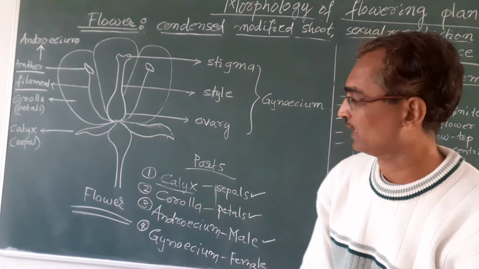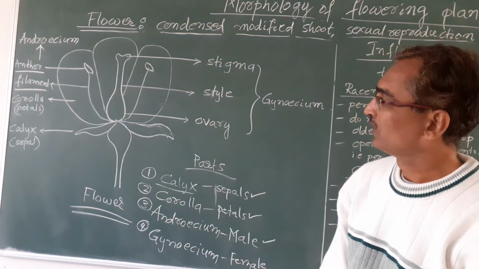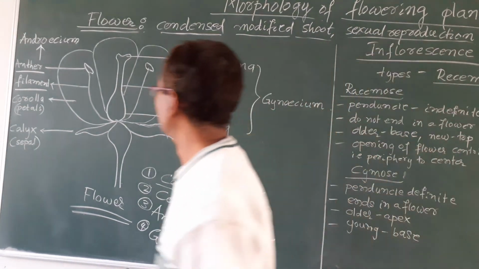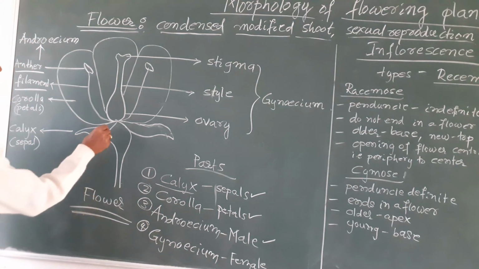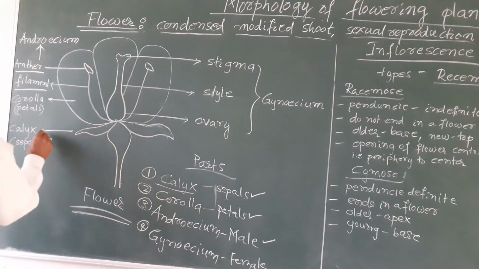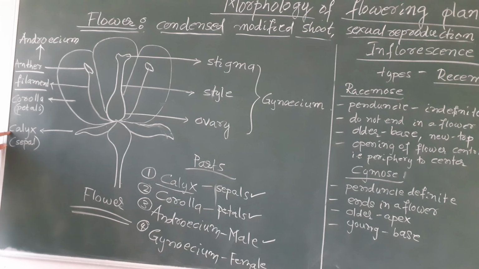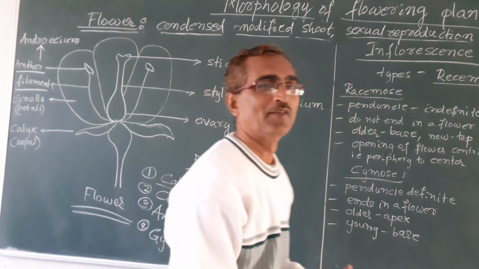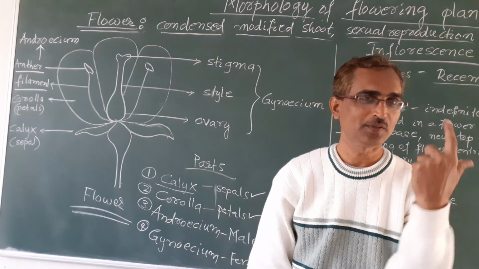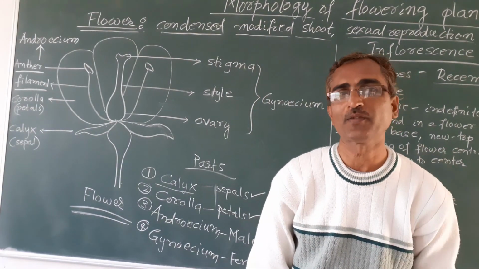You see here, this one is the calyx, the outermost whorl. The flower contains four whorls. Whorls means parts arranged in a circular fashion.